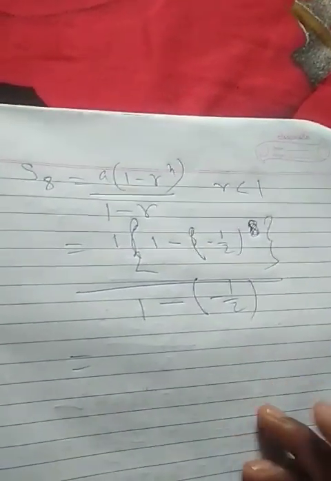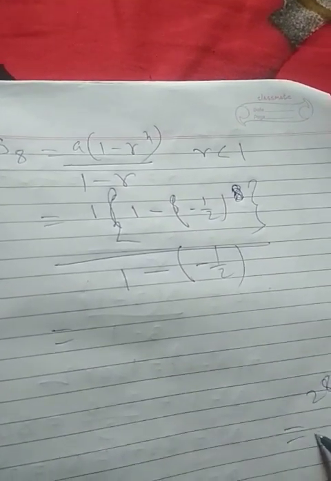So you have to now find out how much minus half to the power 8 equal to how much? 2 to the power 8 equal to how much? Find out. You have to multiply 2 8 times.